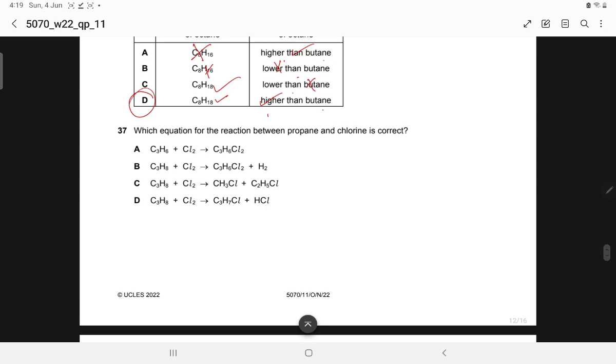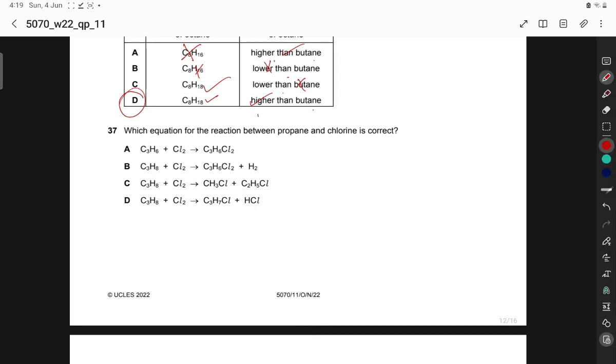Question number 37. Which equation for the reaction between propane and chlorine is correct? Propane is C3H8 plus Cl2. C3H7Cl plus HCl, this is correct. The other one is incorrect, C3H6 is propene, not propane.